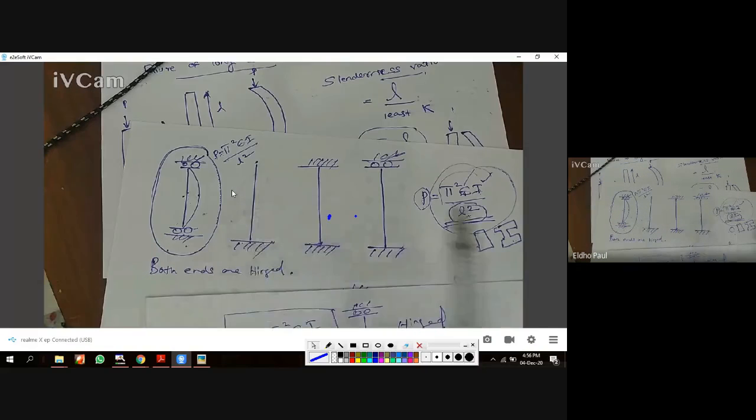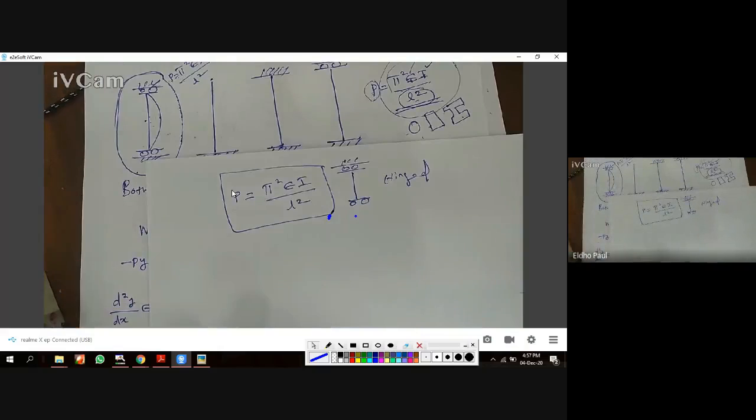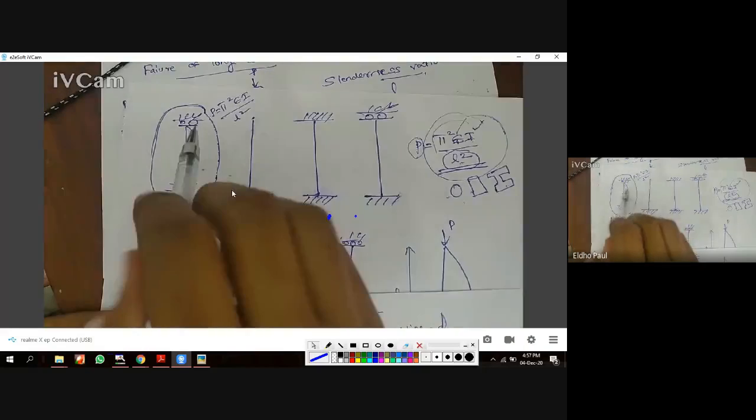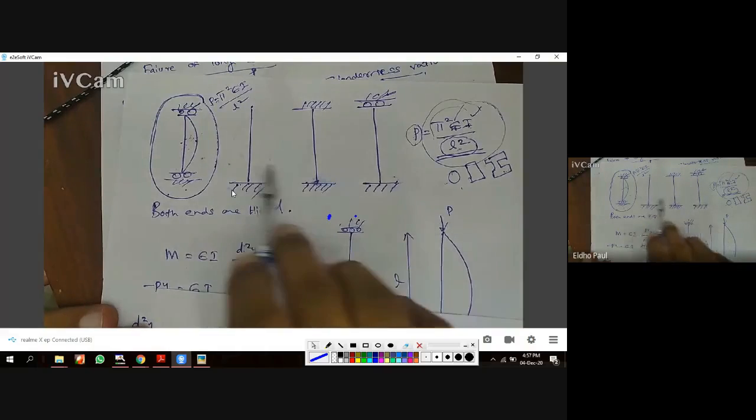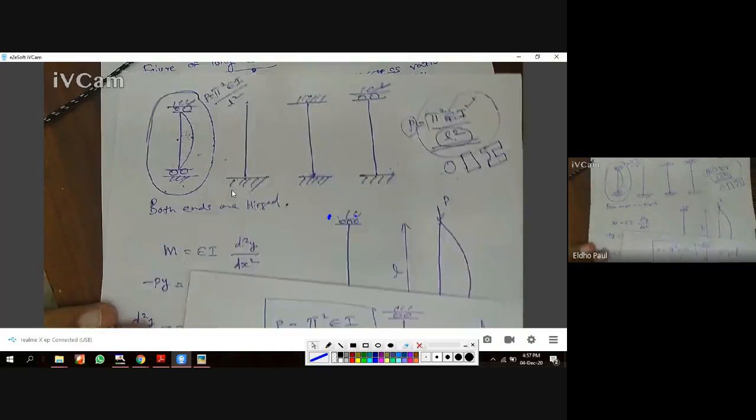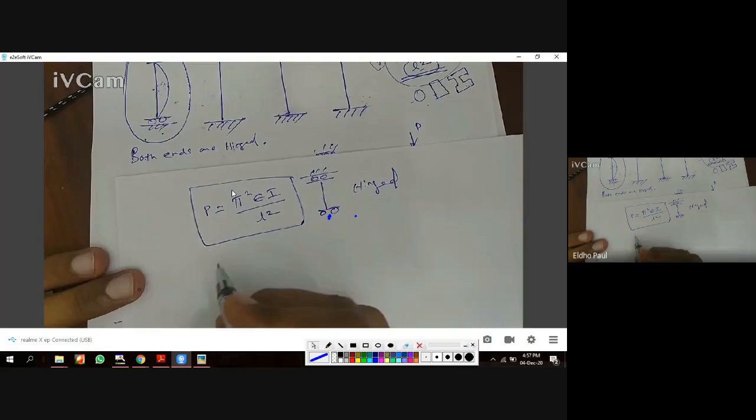Here we have 4 end conditions. Similarly, we can derive Euler's equation for the 4 end conditions. According to your syllabus, the only derivation required is for the pinned joint. So I am not taking the derivation for these 3 end conditions, but the final formula is this one.